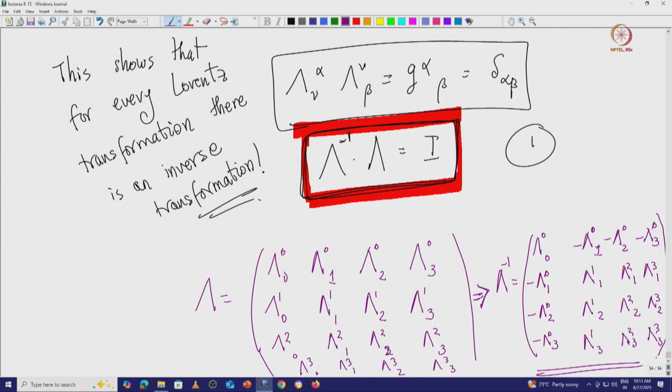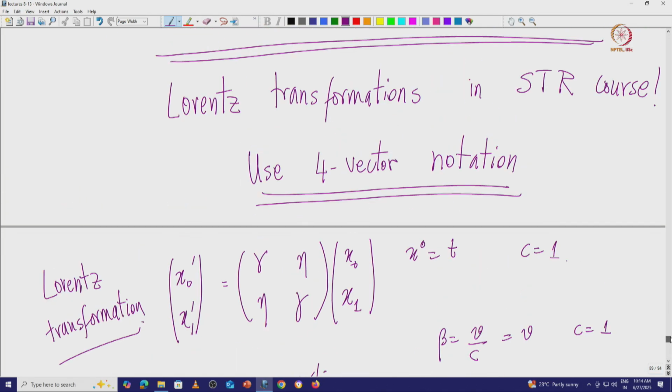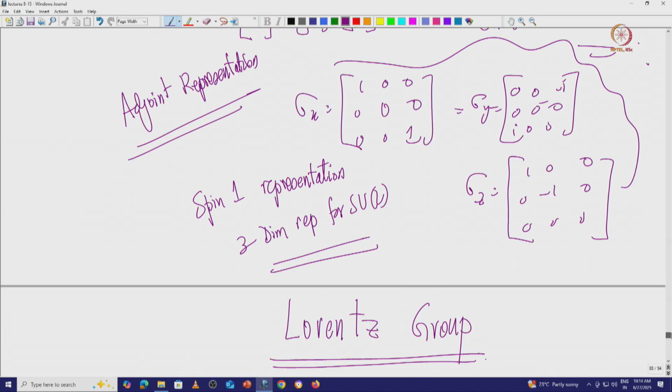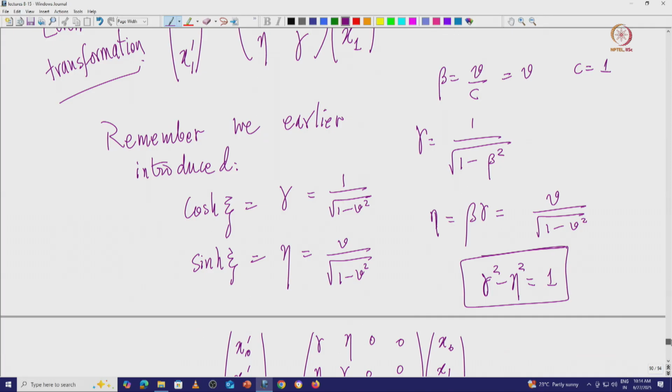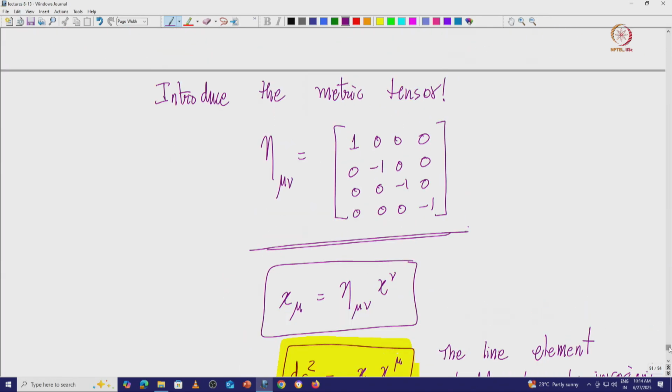This is the main thing, because what we know is g mu nu has this form, which I wrote in the morning. This is nothing but your eta mu nu.